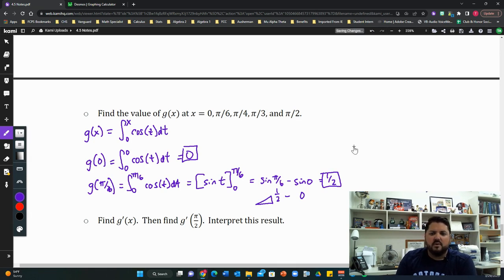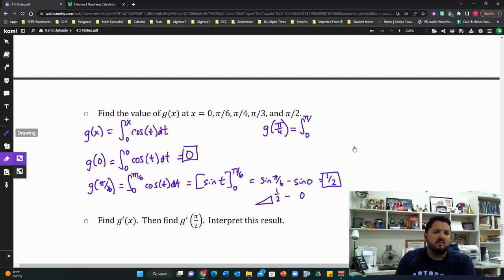Okay, next one. Let me move up here. G of pi over 4, same exact idea. If you really think about it, changing the value of the upper bound does not change the antiderivative of the function.